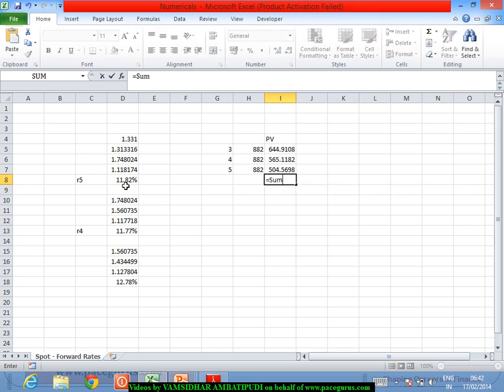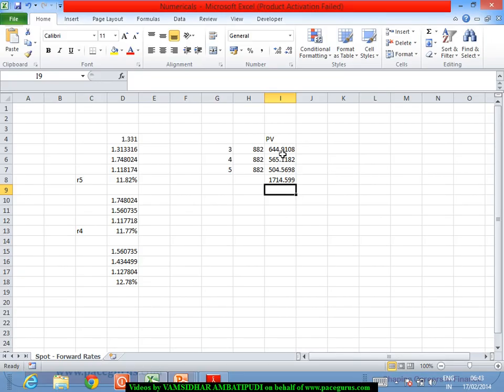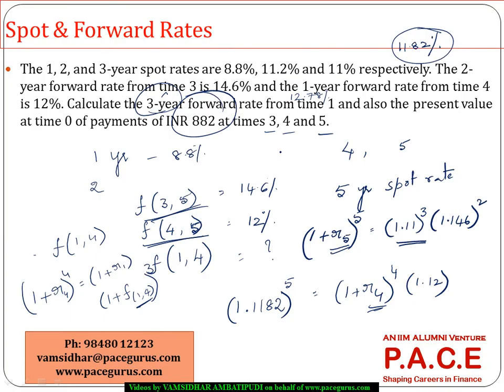The overall summation comes out to somewhere around 1714 rupees 60 paisa, the present value of all these 882 received over a 3-year period.